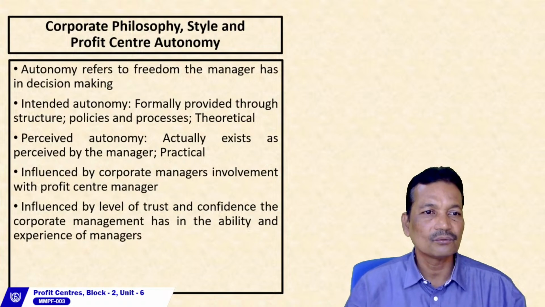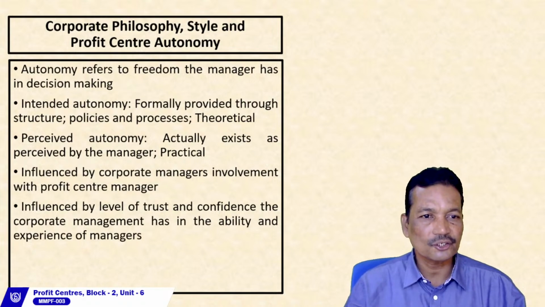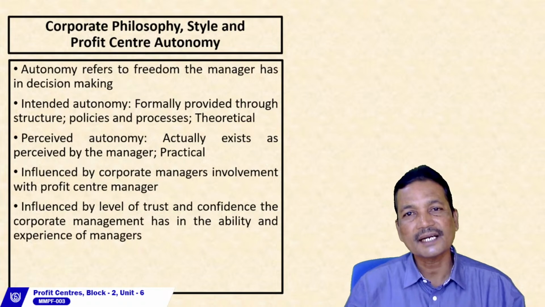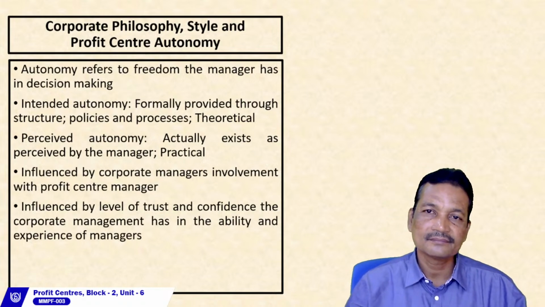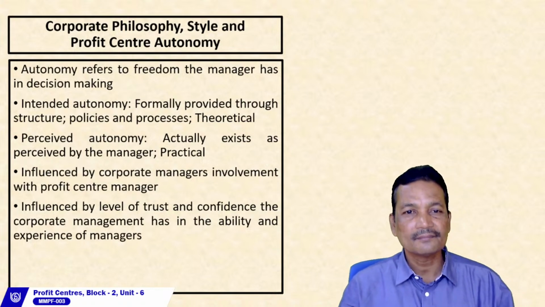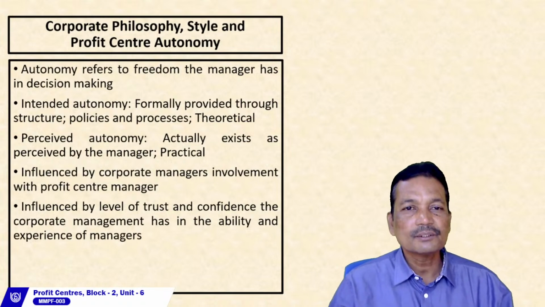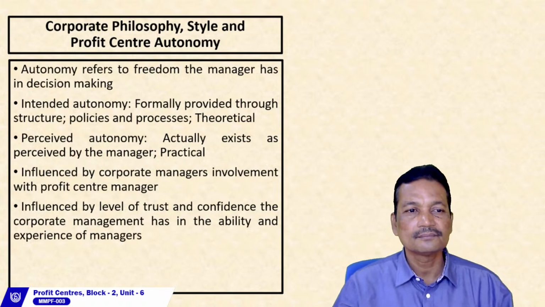So autonomy can be of two types. One is intended autonomy, which is formally provided through structure, policies, and processes. In other words, just now we were talking about the theoretical aspects. But this does not always hold good.